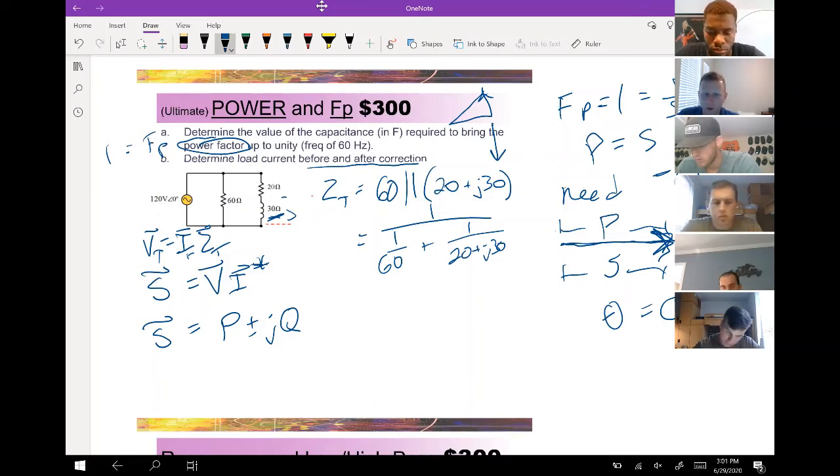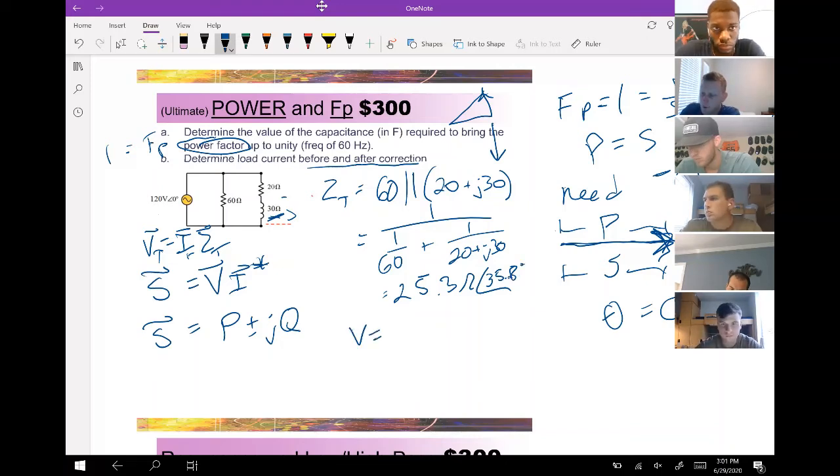And so that Z total is 25.3 ohms, angle 35.8.